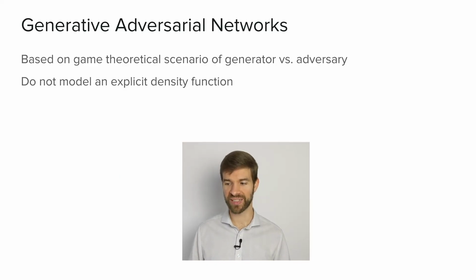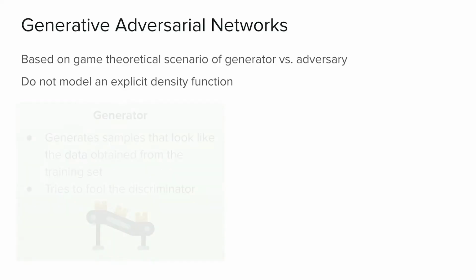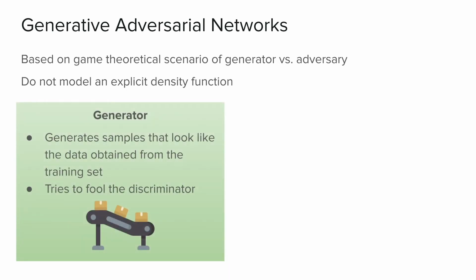And what they're doing is they're playing against each other. So we're not modeling an explicit density function. What we're doing is that we're having a generator that generates samples that look like the data obtained from the training set. And it tries to fool the discriminator. It tries to produce samples that look as realistic as possible.